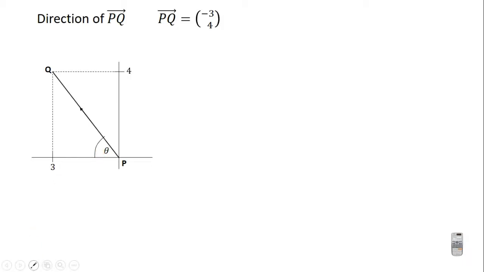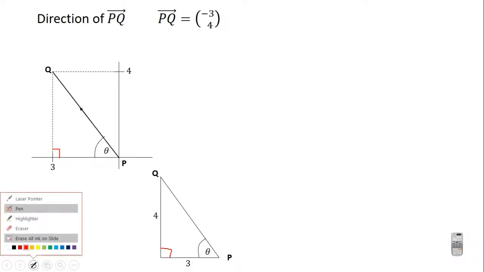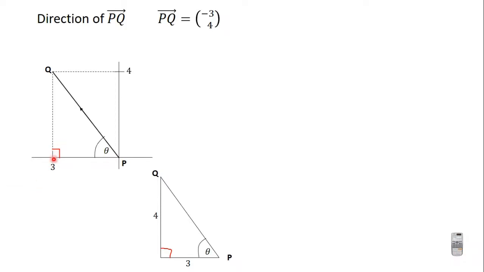Now you will see that we are forming a right-angled triangle here, with the right angle being at this place. So if I draw a simple right-angled triangle for this, the right angle is here. Moving from this point to Q is 4, so this side will be 4. From P to this point is 3, so here is also 3. So we have opposite, which is 4, and adjacent, which is 3.